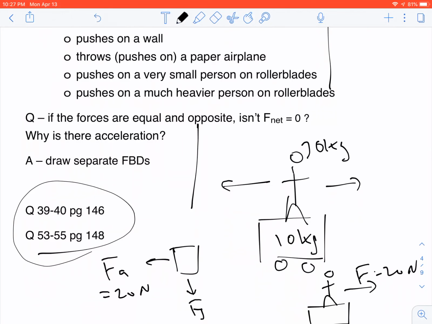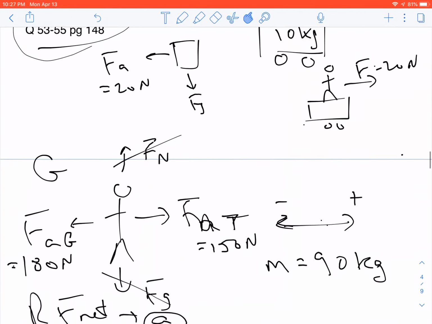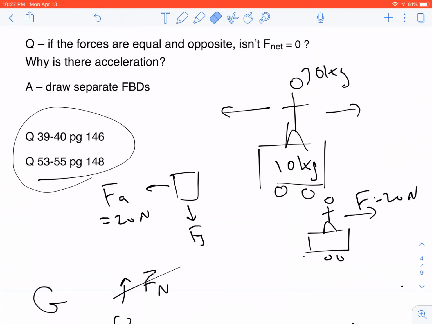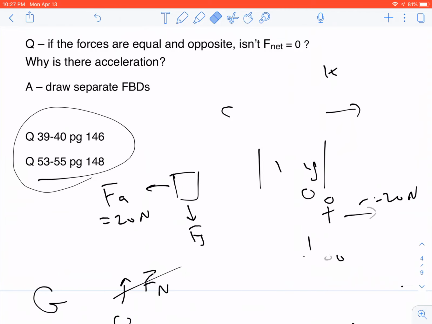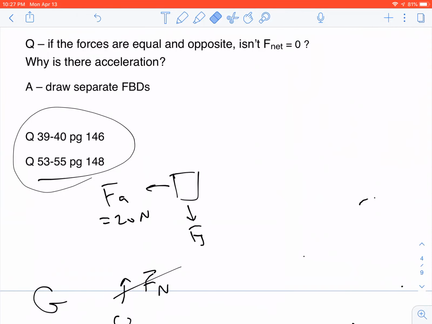Now, I kind of like this rhetorical question here, which says, if two objects are pulling on each other, let's say I pull on a shopping cart in the parking lot. So here's me, and here's my shopping buggy.